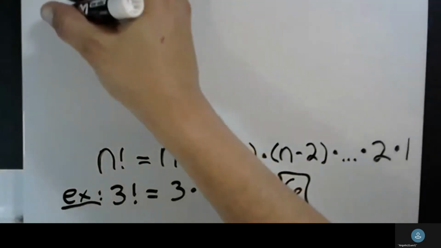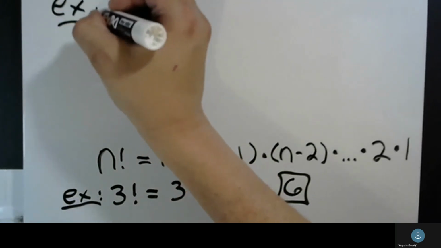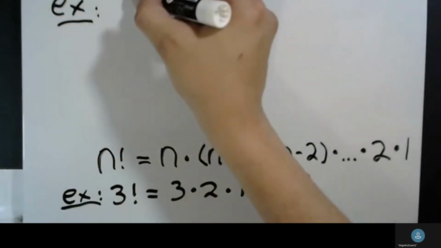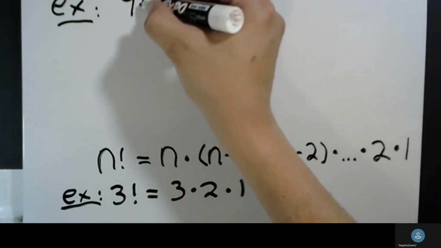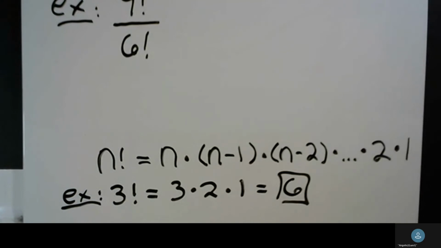Now, some more advanced examples. Let's say we have 9 factorial over 6 factorial.